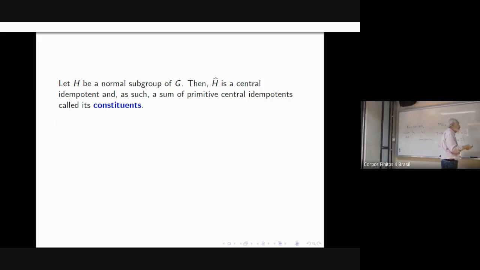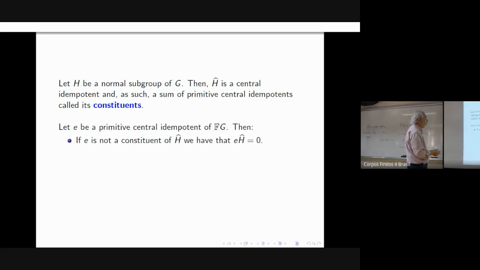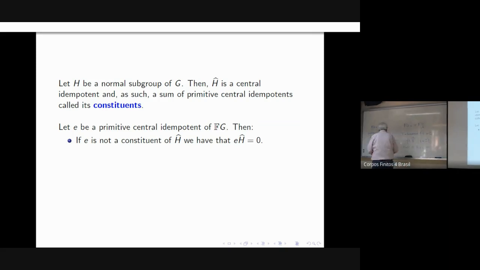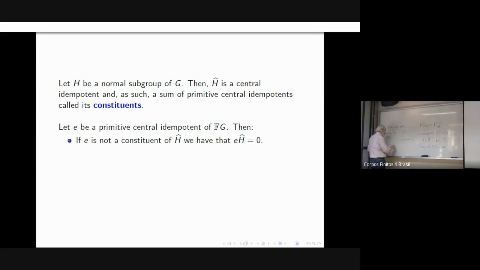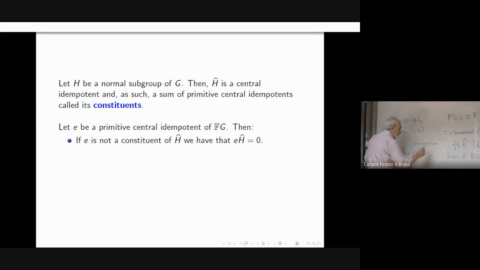So, assume that we have this H hat, and we take a primitive idempotent. So H hat is a sum of some of those primitive idempotents, and these form a set of orthogonal idempotents.